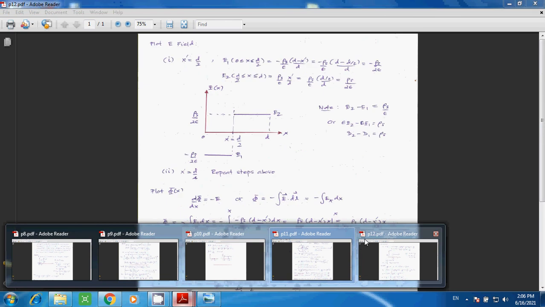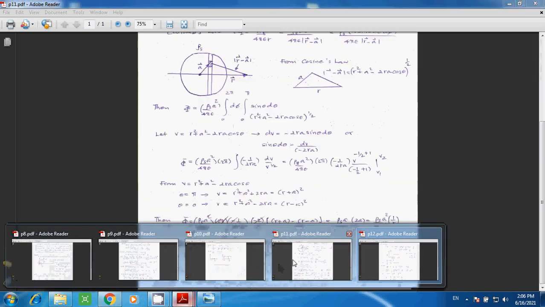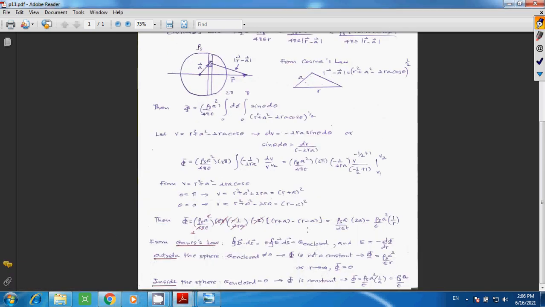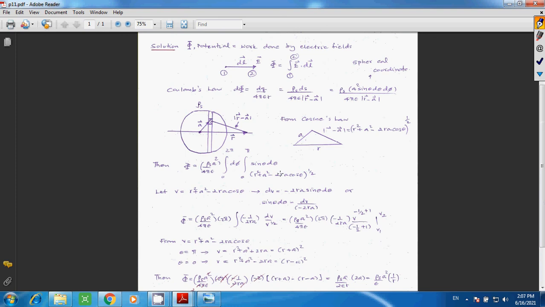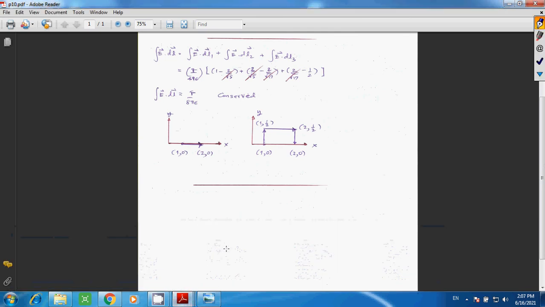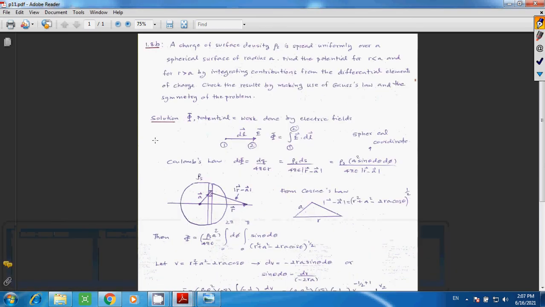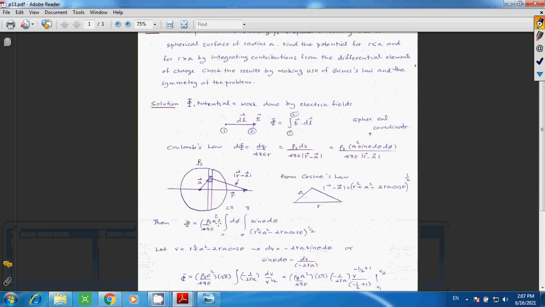It seems like I'm missing one page of the problem. This one is for problem 1.8, so we already finished.